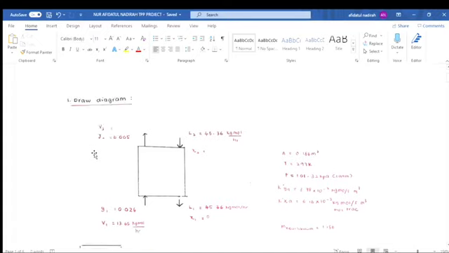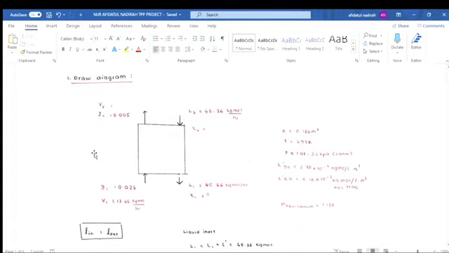Okay, so for the very first step to answer this question, we have to draw a diagram based on the question given. For the diagram, we have two streams, which are the gas stream and the liquid stream. For the gas stream, we have inlet gas and outlet gas, and for the liquid, we have inlet liquid and outlet liquid. For the inlet gas, we write it down as V1 and V2 as the outlet gas.